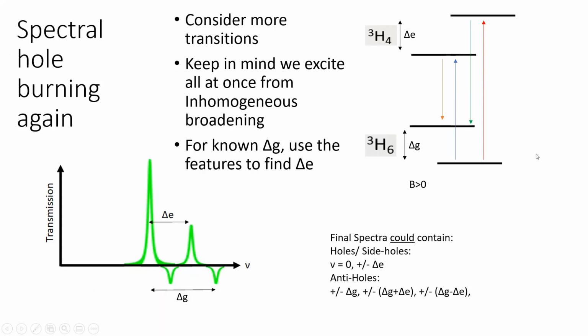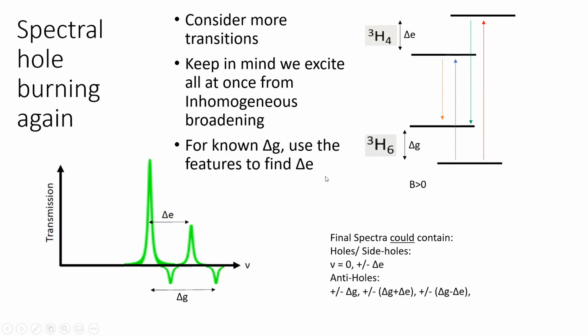So I'd say at the end of the day, probably we expect a whole lot of features from a single thulium atom in a magnetic field in a rare earth ion doped crystal. We expect features, both antiholes here and side holes that I will talk through a bit later, at plus minus the splitting delta G, plus minus the splitting delta G plus delta E, and plus minus the splitting delta G minus the splitting delta E. And these features indicate which of these levels holds the most population.